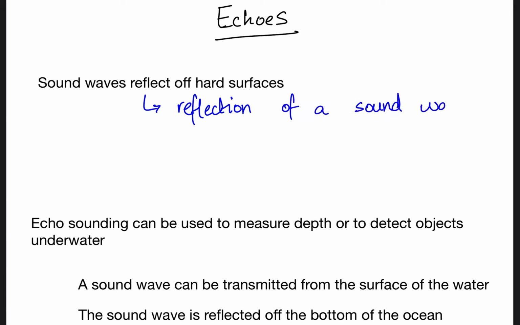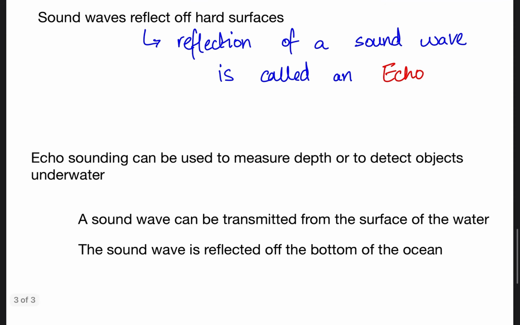The reflection of a sound wave is called an echo. Echo soundings can be used to measure the depth or to detect objects which are under the water.